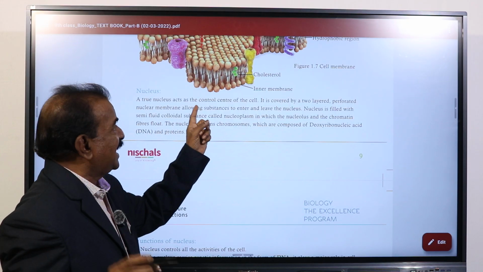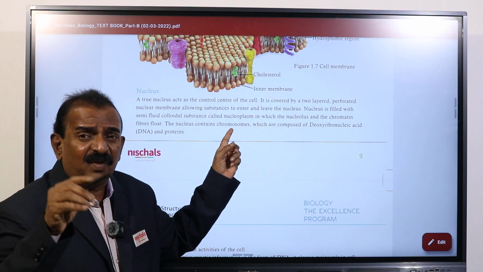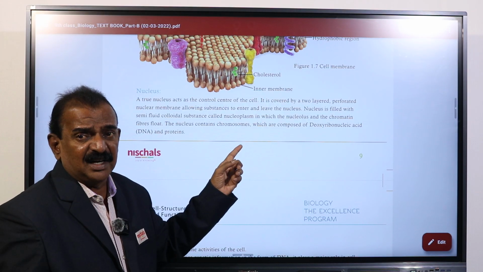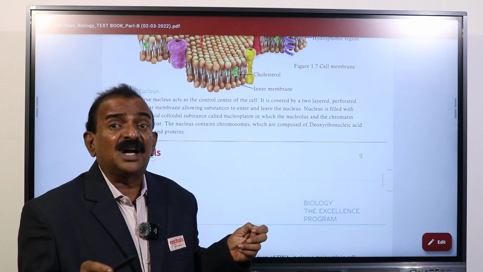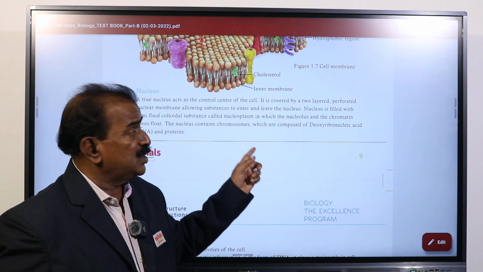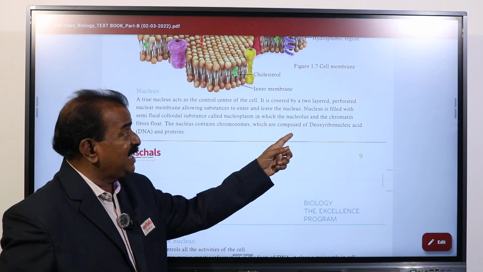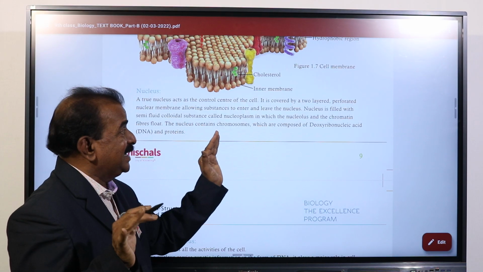A true nucleus acts as a control room. Why? Because it controls all the functions of the other cell organelles. All cell organelle functions are under the control of the nucleus, and that is the reason it is called a control room. It is a bilayer, consisting of only two layers, perforated, and the nuclear membrane is present.